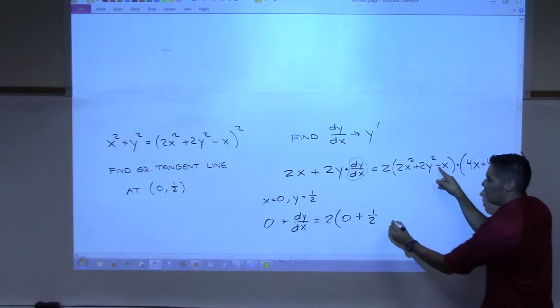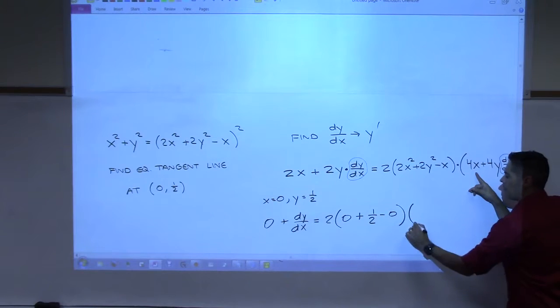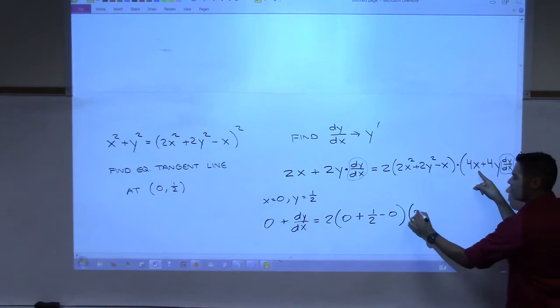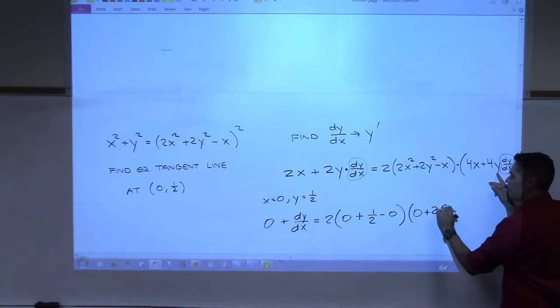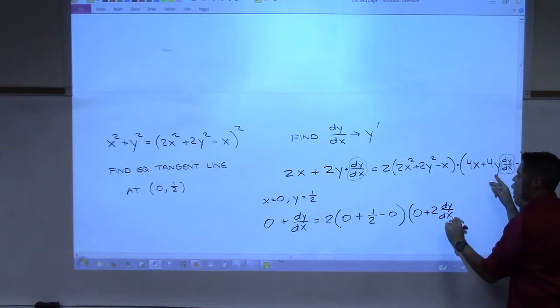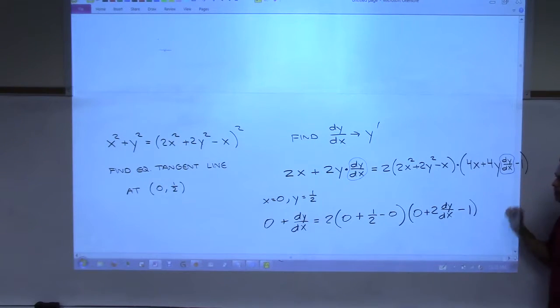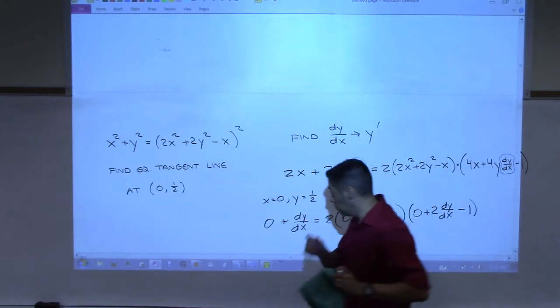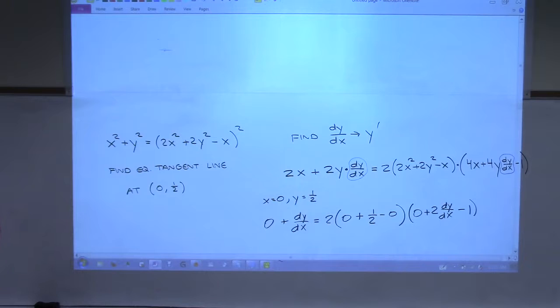And then minus 0. And then over here, 4 times 0 is 0, and then 4 times 1/2 is 2, so plus 2 dy/dx, and then minus 1. And let me clean that up now. Any questions on that? That's just plugging in, right?